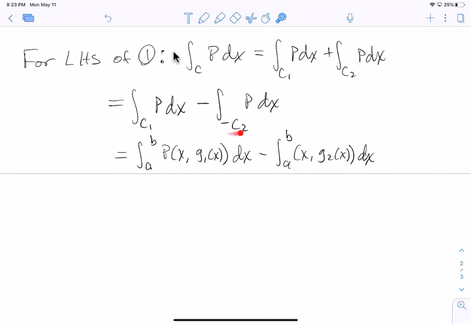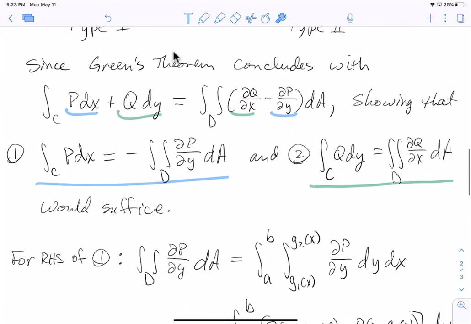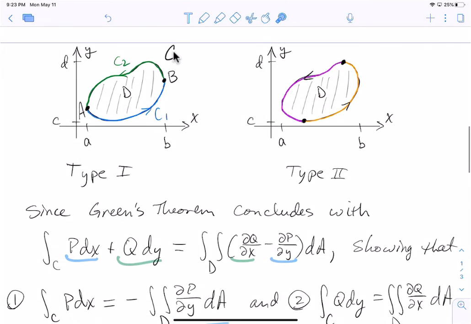Now, what was the reason for changing the orientation here of C2? Well, by doing that, negative C2 will go from the point A to the point B. So its input variable would go from a to b. C2 itself, the way it is, would have limits that go from b to a.